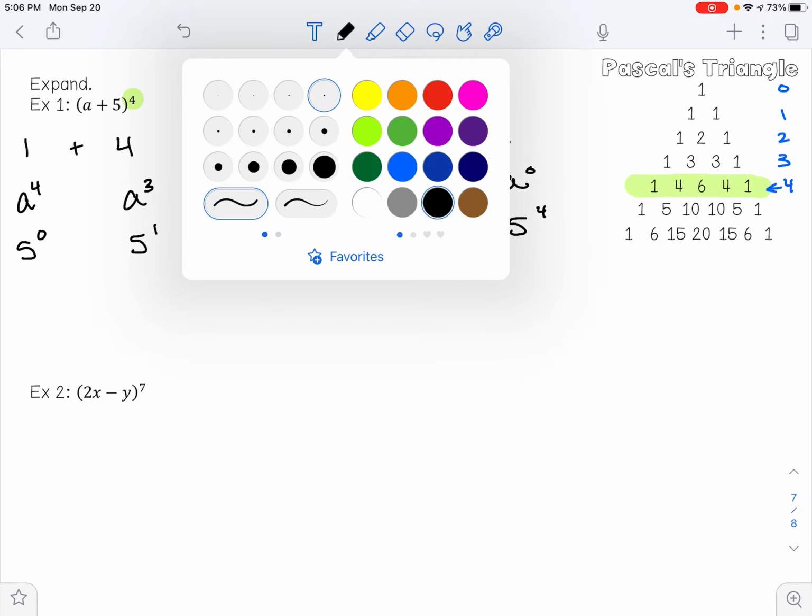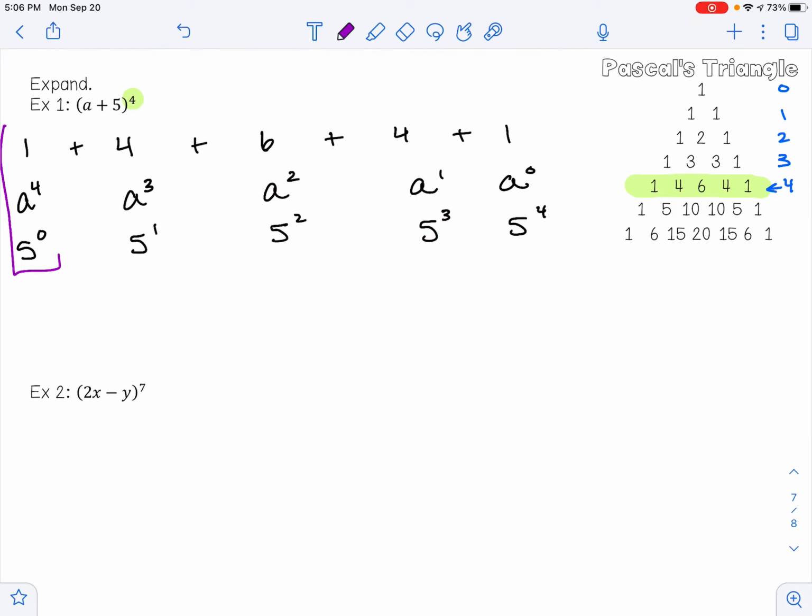Now we're going to go ahead and calculate each column. Anything raised to the 0th power is 1. 1 times a to the 4th times 1 is a to the 4th. Bring down my plus sign. 4 times a cubed times 5 is 20a cubed.